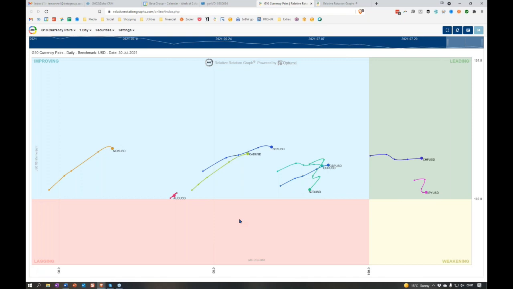So the yen and the Swiss franc are to the right, stronger than the dollar. The pound and the euro are heading very nicely northeast. You see here GBP in a northeasterly direction, and the euro also doing quite well. So they're improving a lot.